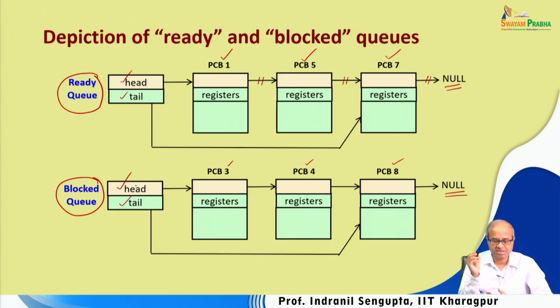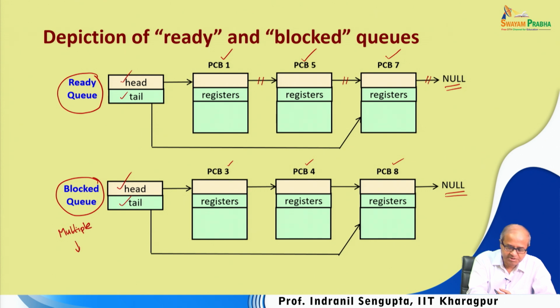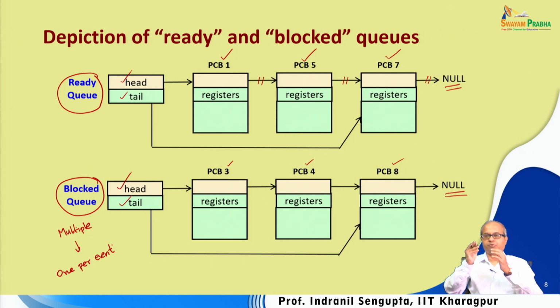Now, I have also mentioned the blocked queue is not one, there can be multiple blocked queues. Multiple means one per event. The processes are waiting for some event to occur, and for every such event there will be a separate blocked queue that will be maintained.